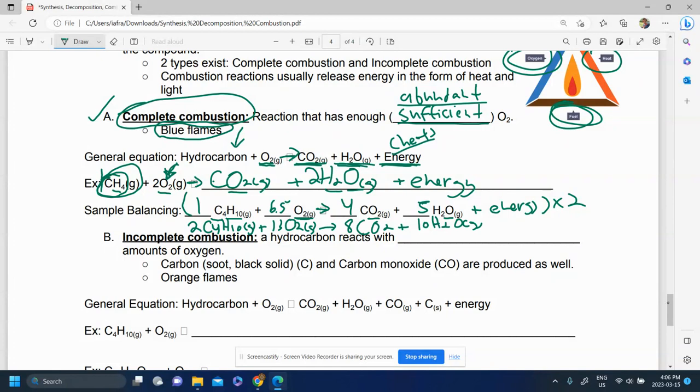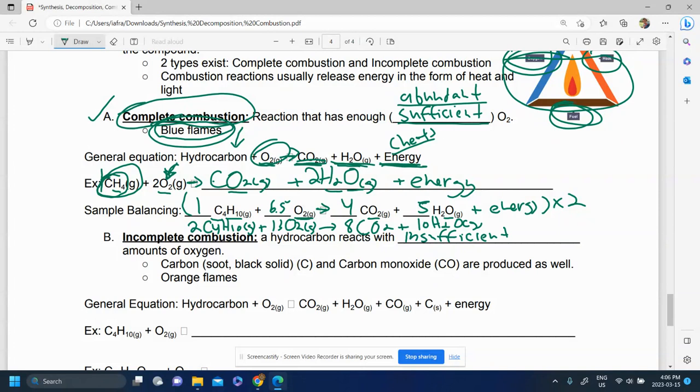But again, when you have complete combustion, you have a blue fire, and you know that you have sufficient or abundant oxygen. It's always going to make CO2, H2O, and some energy as per your combustion triangle over here. Incomplete combustion. So you're still burning a fuel, but now you don't have a lot of oxygen present. You have what's called insufficient amounts of oxygen.